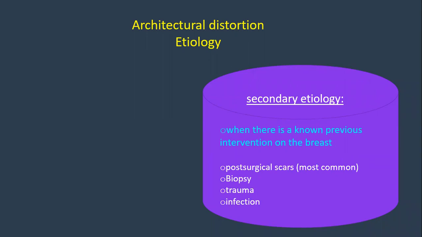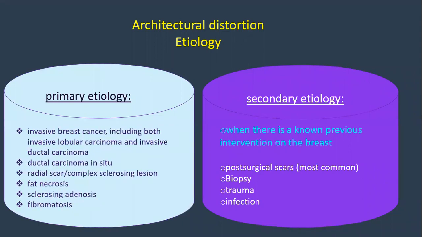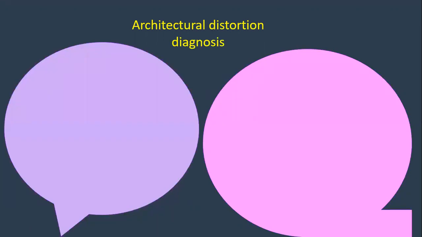Either the trauma is biopsy or surgery, or accidental trauma, or healed infections. This is secondary, while primary includes all the benign and malignant causes, invasive cancer, whatever.